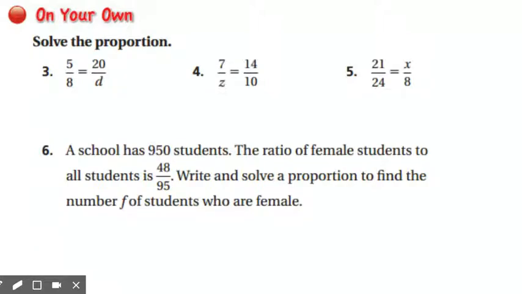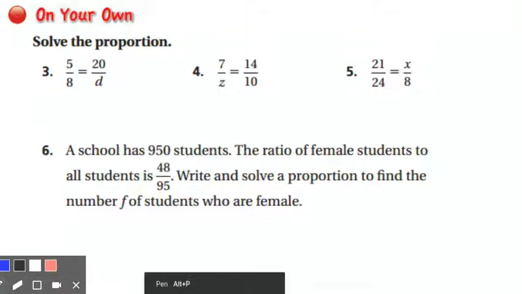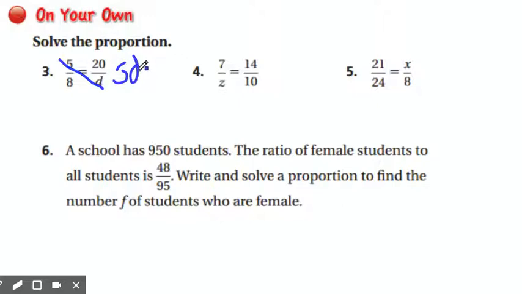All right, so if you're back on the video, hopefully you already worked all of these out. Let's go through and work out number 3. So that would give us 5D. Sorry, that's a funky looking 5. Close enough. All right. Equals, cross the other way, and we get 160. All right. Divide both sides by 5.